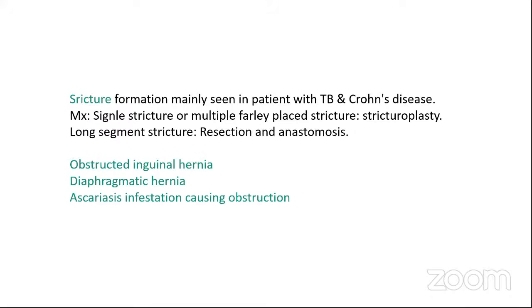If there is no perforation and the worms are in the small bowel, we just milk them out to the large bowel and close the laparotomy. We just wait and watch. And if the bowels are not viable and involve the large bowel, we have to do resection and anastomosis the same way. We have to give antihelminthics in such cases, like albendazole.